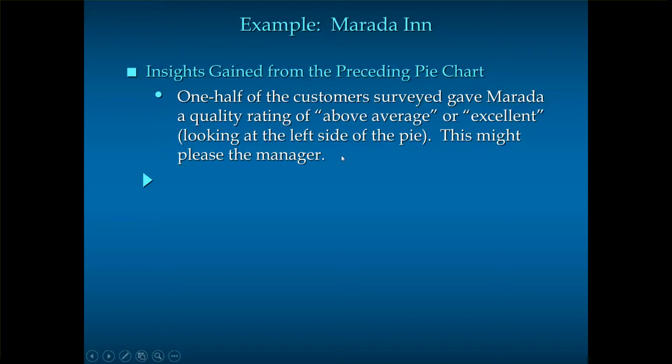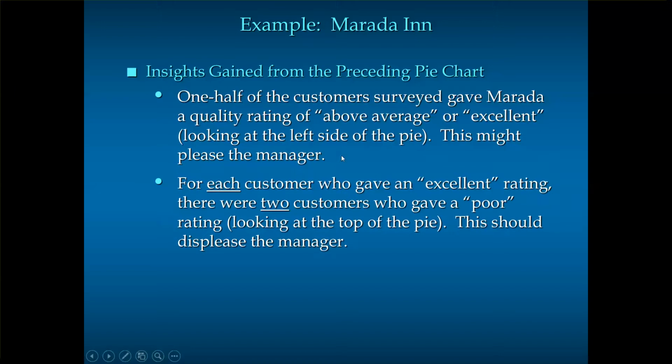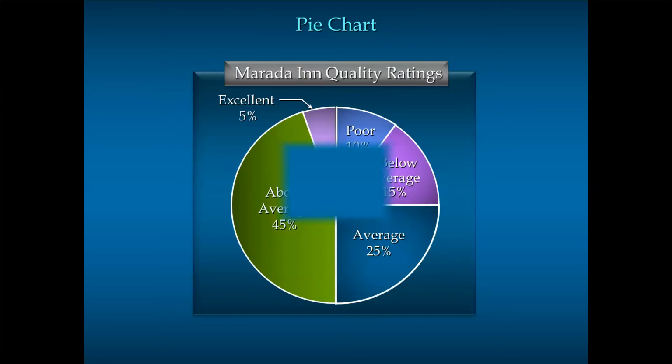So the manager should be happy, right? And also, for each customer who gave an excellent rating, there were 2 customers who gave a poor rating. Looking at the top of the pie, this should discipline the manager, right? The poor is 10%, above average 45%, average 25%, below average 15%.